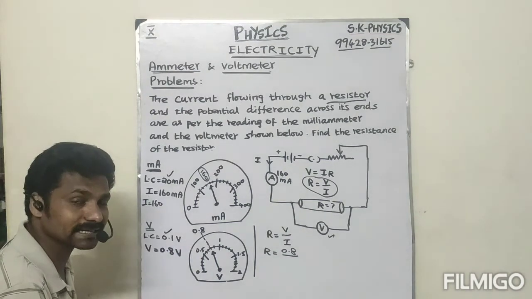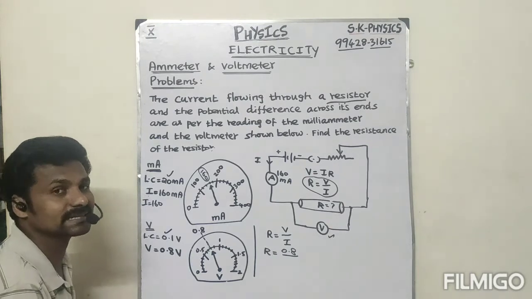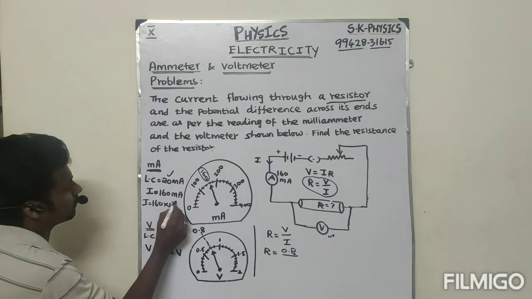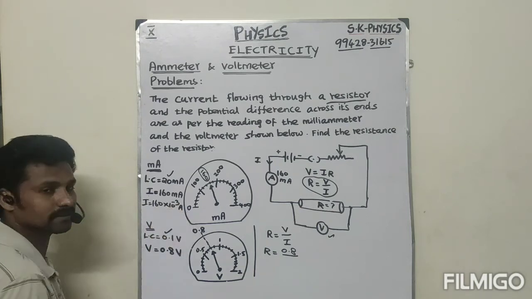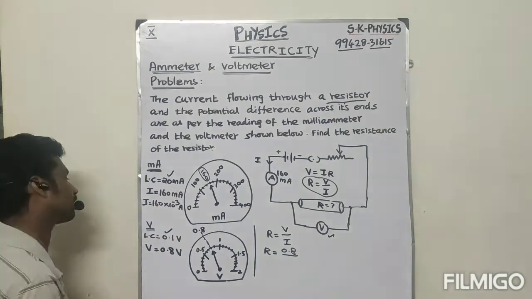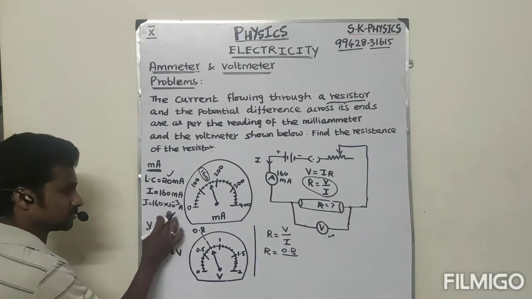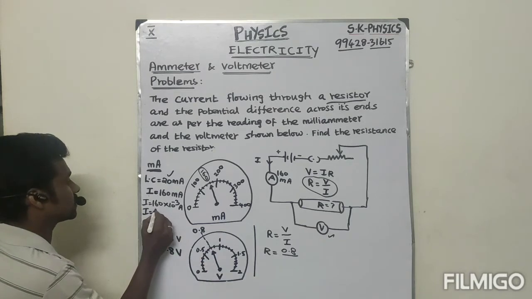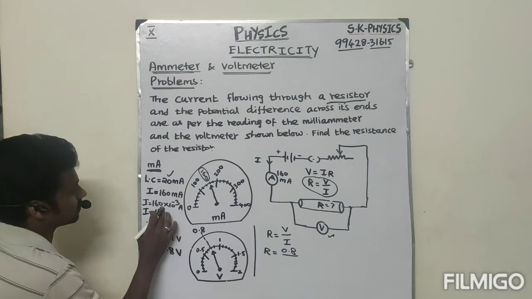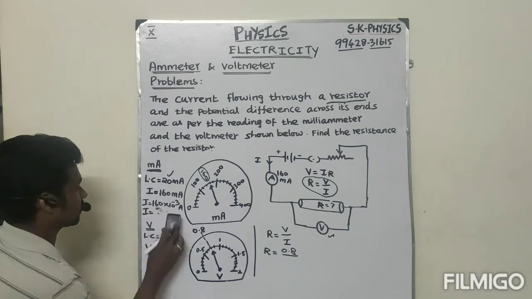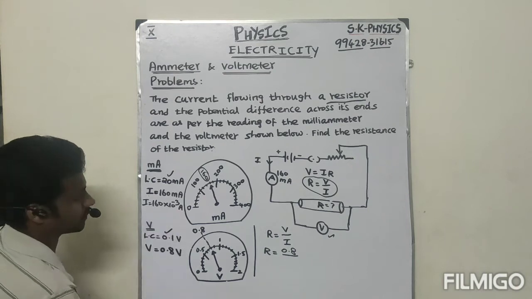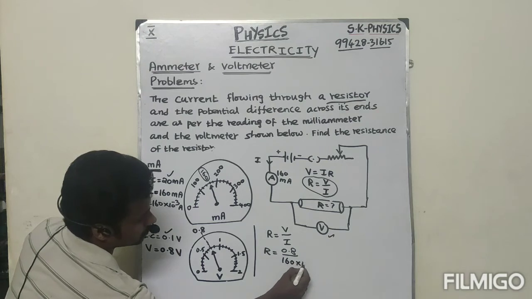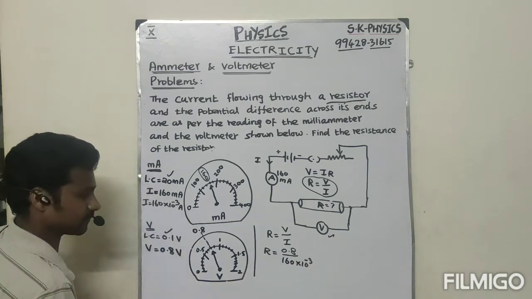I is equal to 160 milli. How can I write it? 10 power minus 3. That is milli. So 10 power minus 3 ampere. I'll write one more step, otherwise it's difficult for you. So I is 160 into 10 power minus 3.